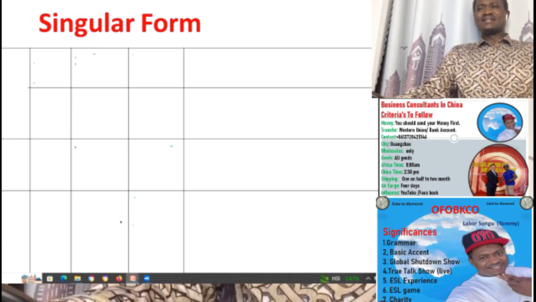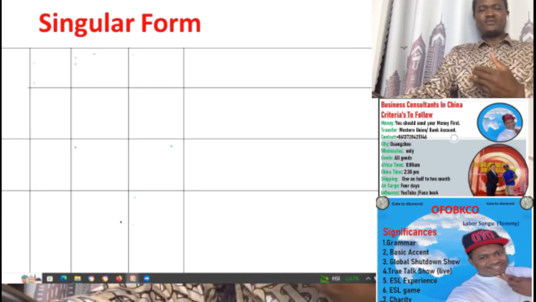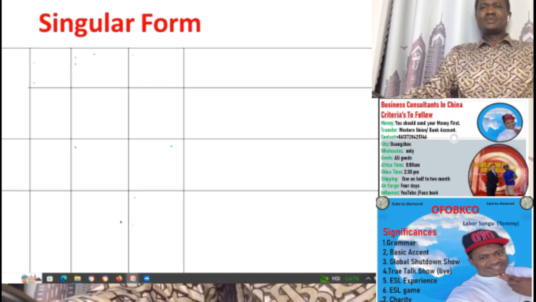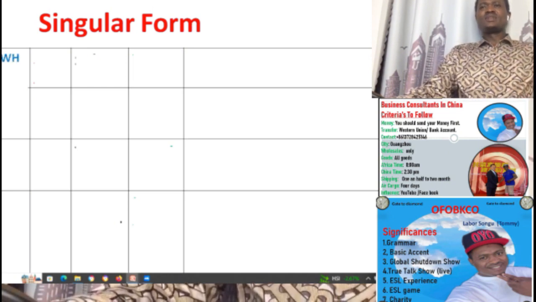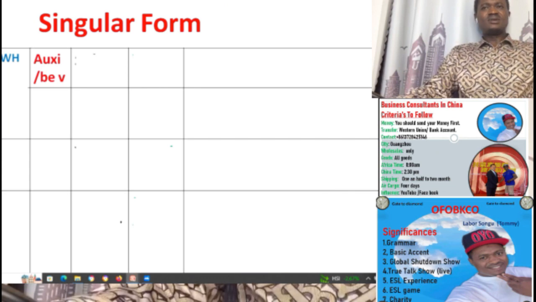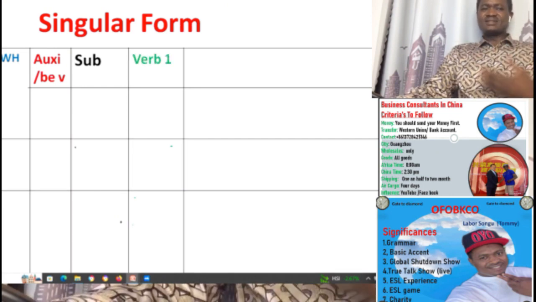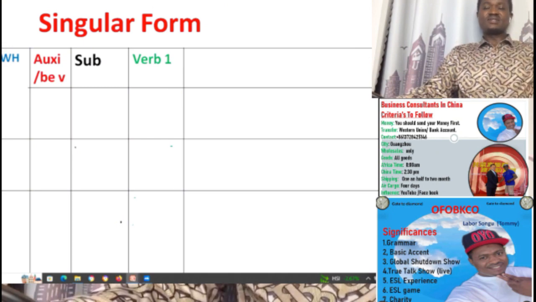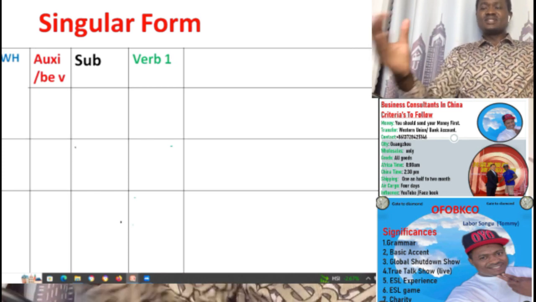First the WH question, followed by the auxiliary verb or the be verb, followed by the subject, and followed by the verb, the V1 verb, the base form, plus the object. This is the interrogative.